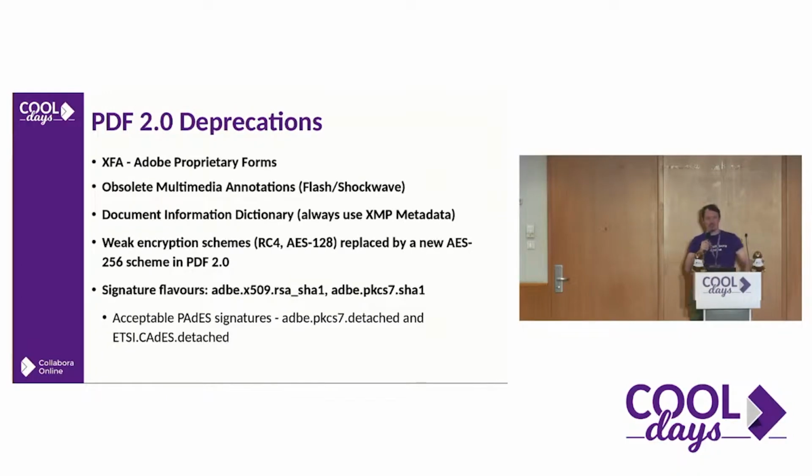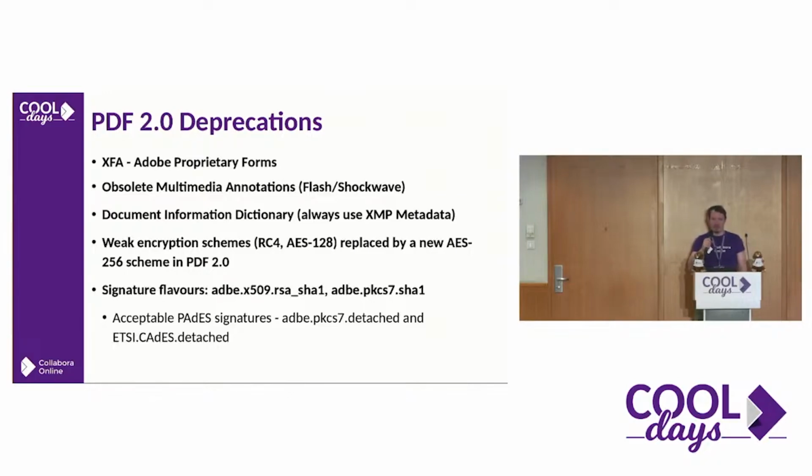And with this also come deprecations. They deprecated all the not really needed things like SSF, XFA, a proprietary form format, some obsolete annotations like this Flash and Shockwave stuff, and the document information dictionary. Previously, for metadata information you could store it inside this document information dictionary specific to PDF, and you can also use XMP metadata, which is XML added to the PDF.